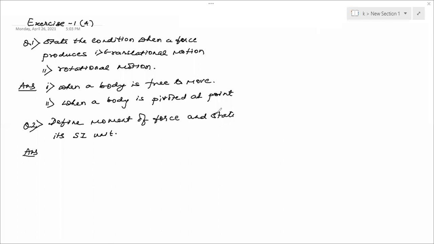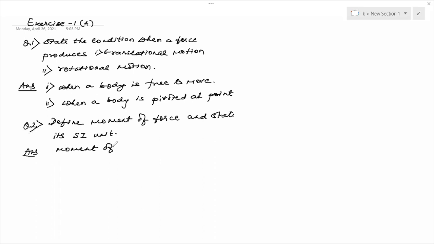Define moment of force and state its SI unit. Now, look here, children, what is moment of force? Moment of force is nothing but the product of the magnitude of force and the distance of the line of action of force from the axis of rotation.